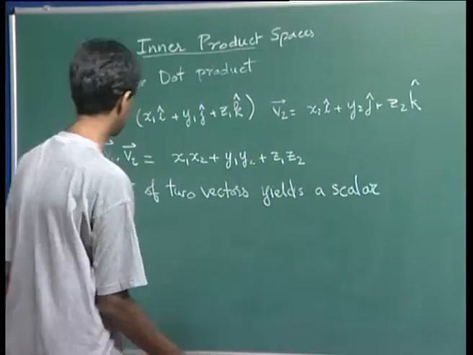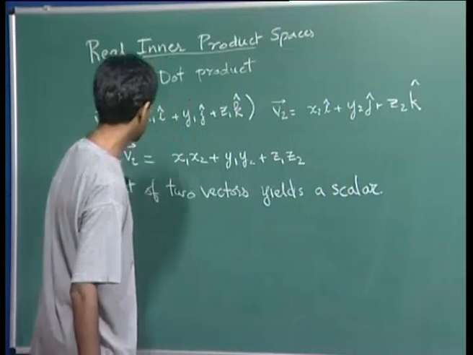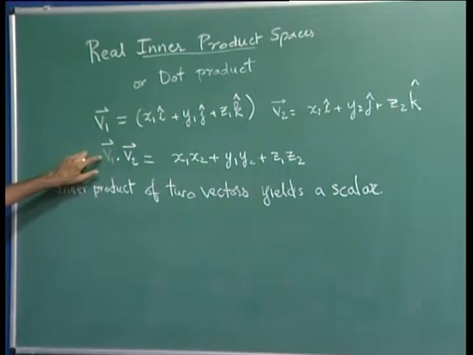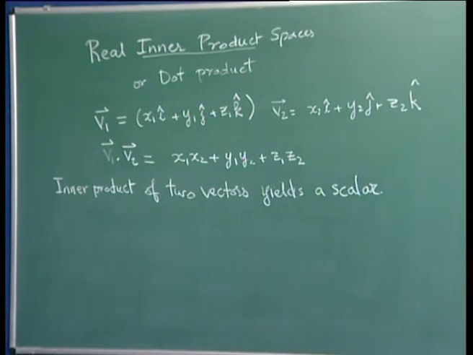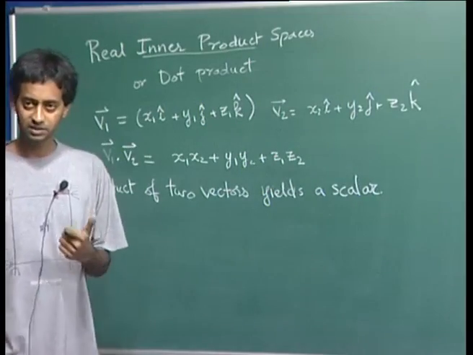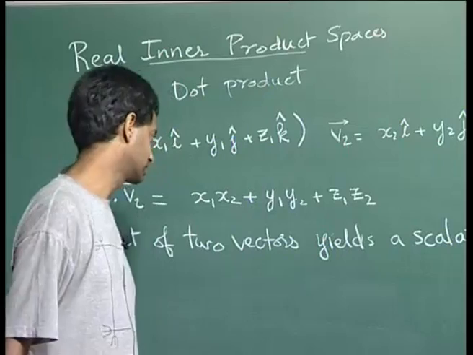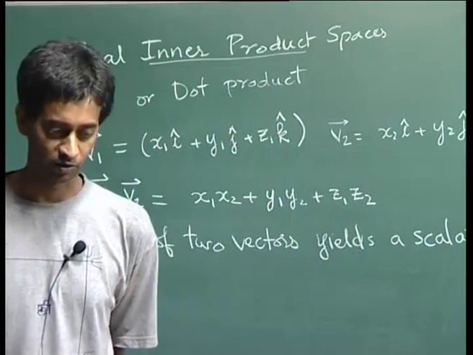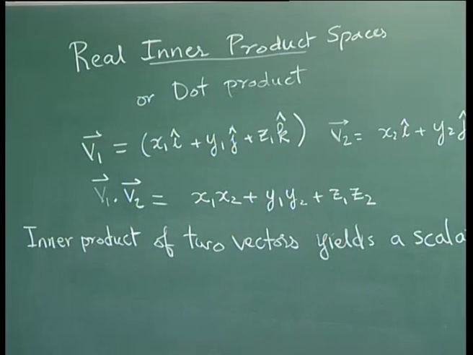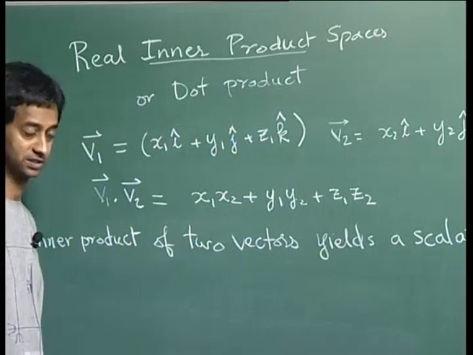So, it is called the scalar product, inner product or dot product, and this is the procedure for taking the inner product of two vectors in three-dimensional space. Okay. However, this procedure is restricted to vectors in a Cartesian coordinate system of 3 or more dimensions or even 2 dimensions.